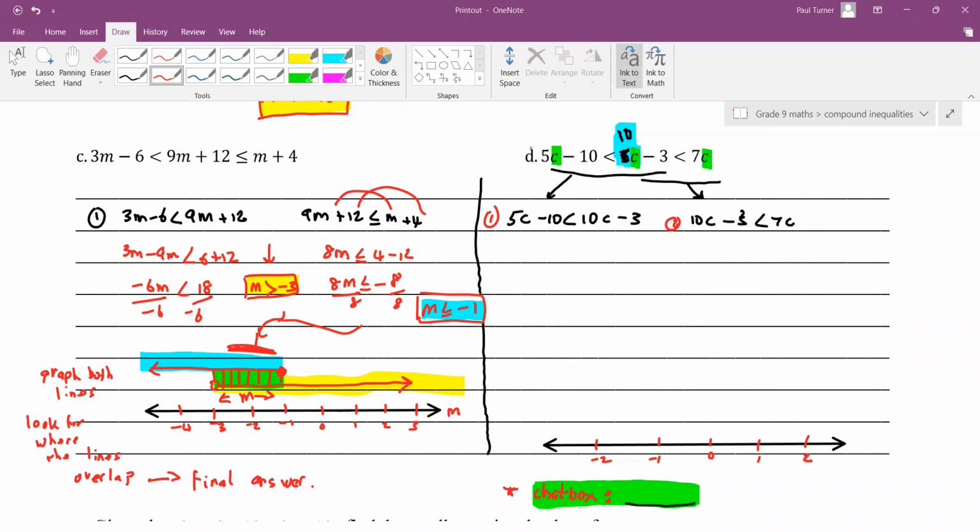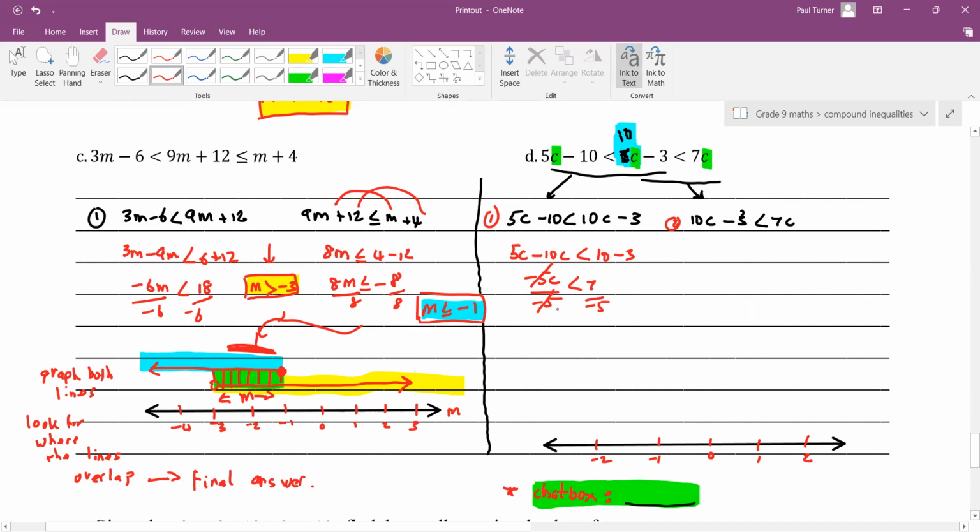So we want to group the C's onto one side, okay? So you'll have 5C minus 10C less than 10 minus 3. Okay, so 5C minus 10C is negative 5C, less than 10 minus 3 is 7. Now you're dividing by negative 5, so this will cancel.